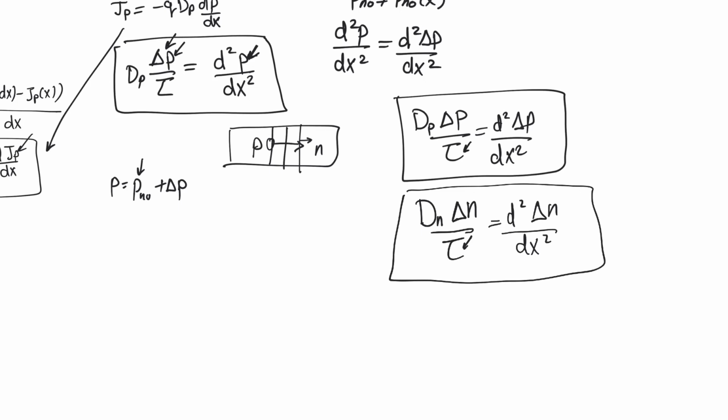We will call the tau in the top equation tau pn, and we will call tau in the lower equation tau np. What this means is it is the lifetime of holes on the n side. This is the lifetime of excess electrons on the p side. And so these two equations are the equations we will be working with to obtain the forward p-n junction current.